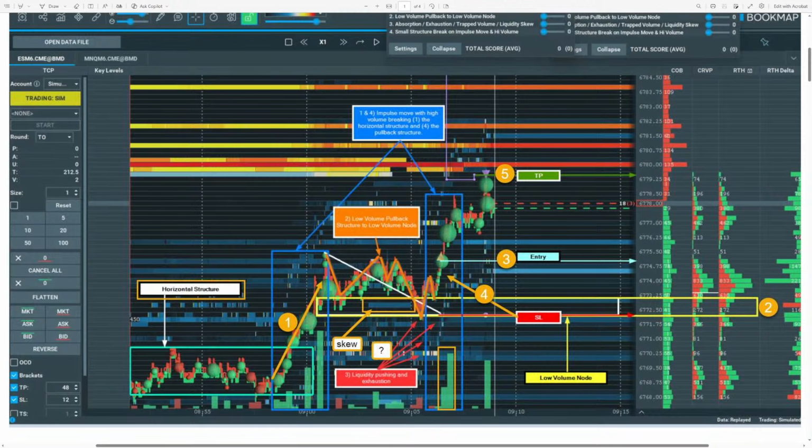So if we were to draw a rectangle around the structure, and 5 points, let's say I entered at 67.74, and 5 points below that is 69. Well, 69 is way down there.